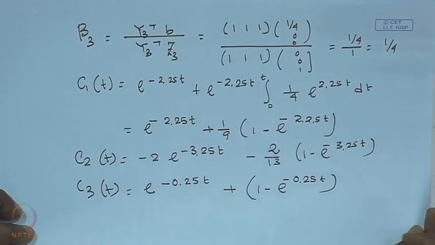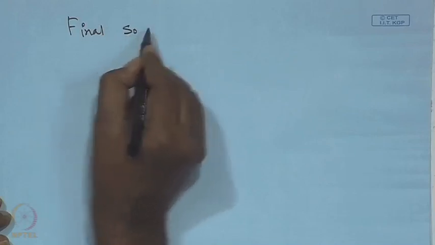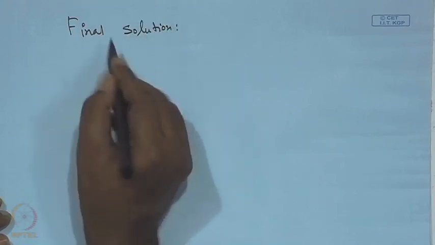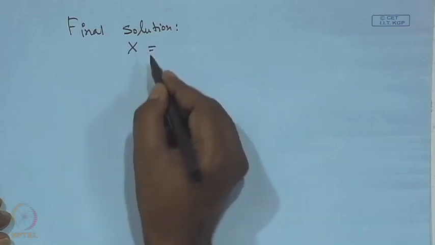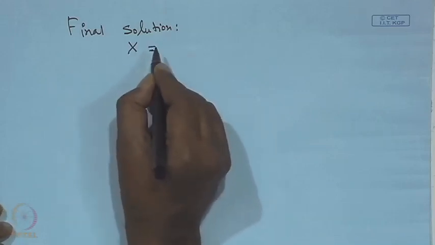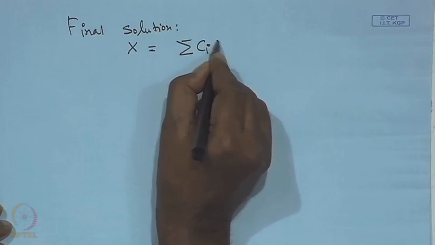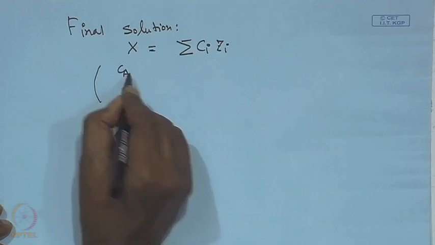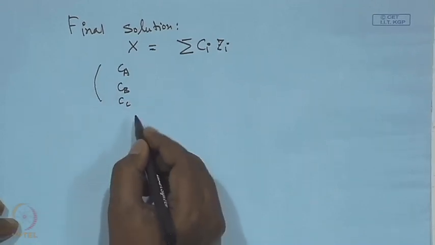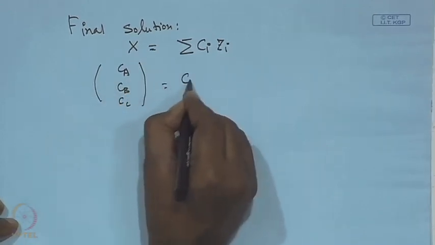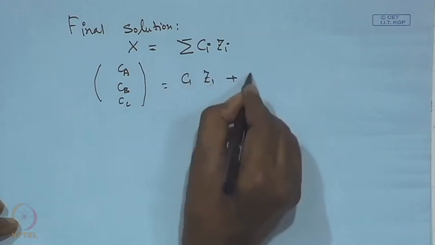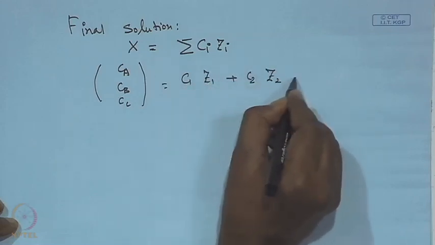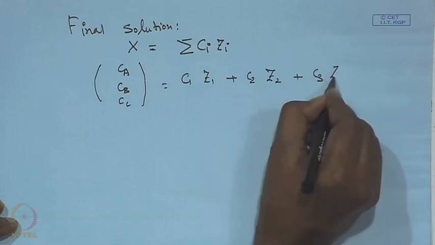Next, we are going to get the final solution. If you remember, the final solution was given by the solution vector x is summation C i Z i. So, you will be getting C A, C B, C C is equal to C 1 Z 1 plus C 2 Z 2 plus C 3 Z 3.